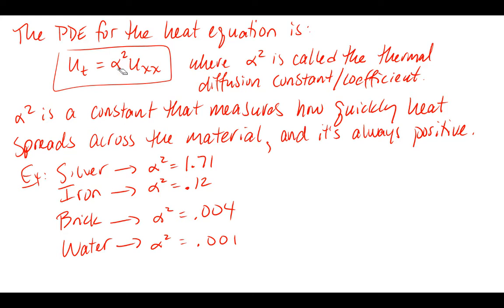This alpha squared is just a constant, and it's the constant that describes how quickly this material, whatever it might be, transmits heat, or in other words, how insulated it is, so how readily it allows heat to move across it. A higher value here indicates heat moves fast, a low value means it moves slowly. So that's the model, that's the equation, that's the PDE.